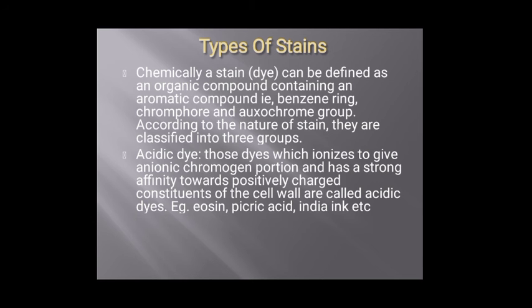All of these are acidic dyes. These dyes are used for staining the positively charged components present within the cell, or for staining the background on which we are observing the bacterial cells.